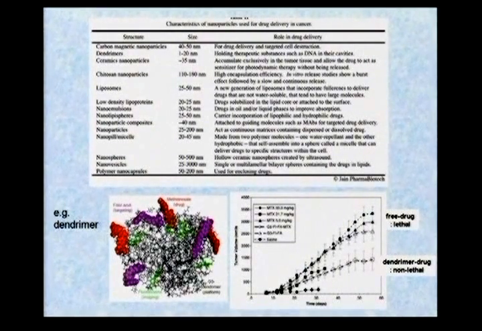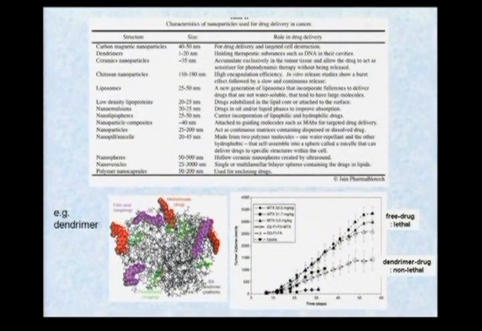Millions of patients receive this drug. In fact, in this particular animal model, you get no control over this particular tumor, even at doses of the drug that are lethal. Whereas if you deliver the same drug in this dendrimer structure, you get significant tumor response at non-lethal doses.